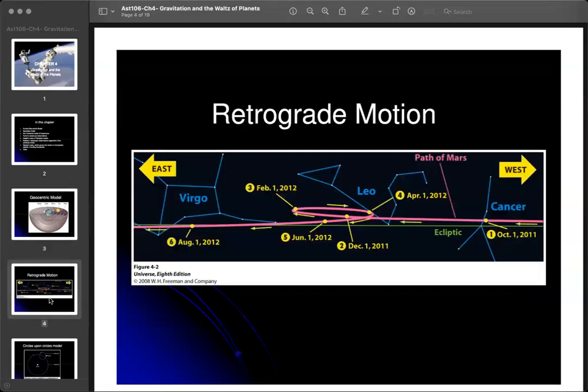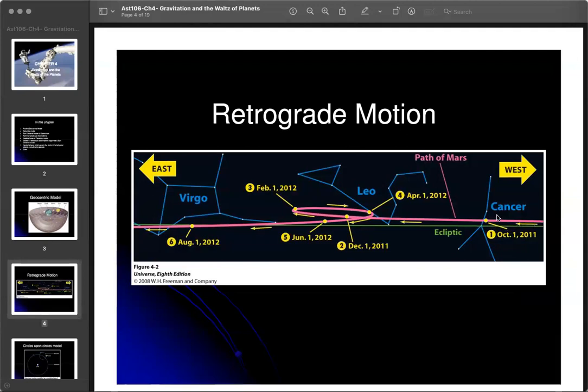However, there were some problems, and there was this problem of retrograde motion. As the astronomers observed the sky, it was found that generally the planets moved in the eastward direction in the sky. What does that mean?